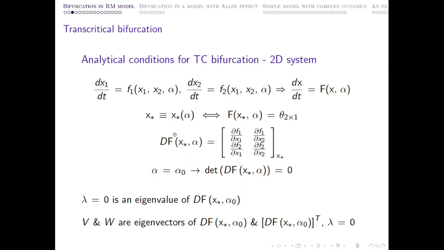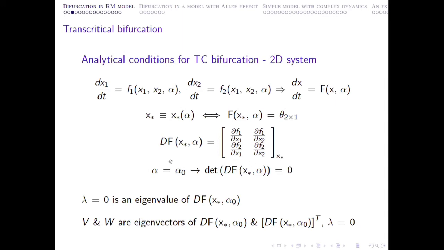And then if you calculate the Jacobian matrix, and finally we can demand that this system undergoes a bifurcation at alpha equal to alpha 0 and x equal to x*, then a couple of conditions are required to be satisfied. So one such condition is this is equal to 0.